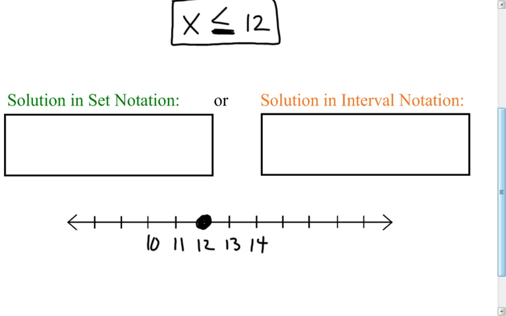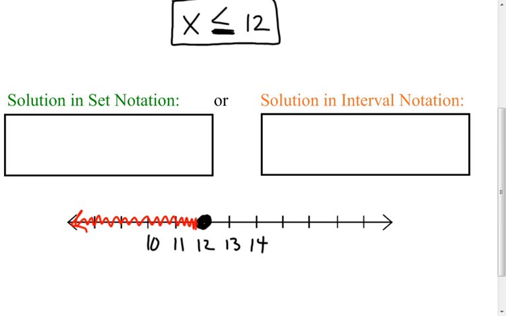This is telling me I want all the numbers that are smaller than 12. Well, the numbers that are smaller than 12 are to the left of 12. So I would shade this direction because 11, 10, 9, 8, all those numbers are smaller than 12.